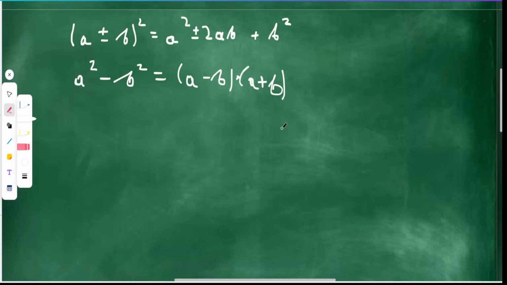So difference of squares is written as the product of the sum and difference of these two elements. That is, in one of the brackets there can be minus, in the other plus. And what's interesting, the order of this notation does not matter because multiplication is commutative.